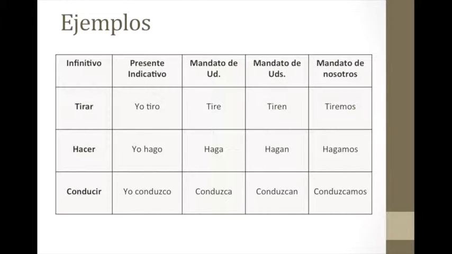Conducir, to drive. If you want to say I drive, it's yo conduzco, so the yo form ending influences the following commands. Conduzca, drive, conduzcan, drive, and conduzcamos, let's drive. Nosotros commands translate to English as let's. Let's throw, let's do or make, or let's drive in these situations here.